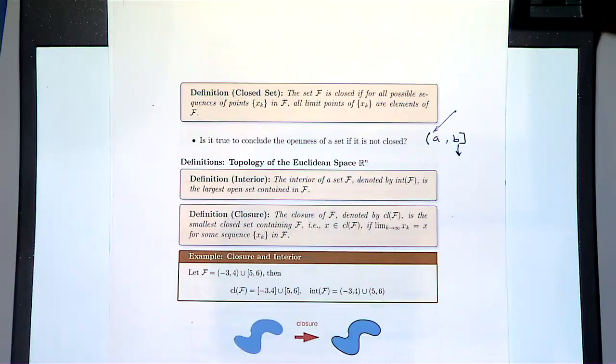We squeeze it as much as we can, as long as it remains open, and that's the interior. So for example, if I have a set that doesn't have its boundaries, its closure is the set and its boundary.